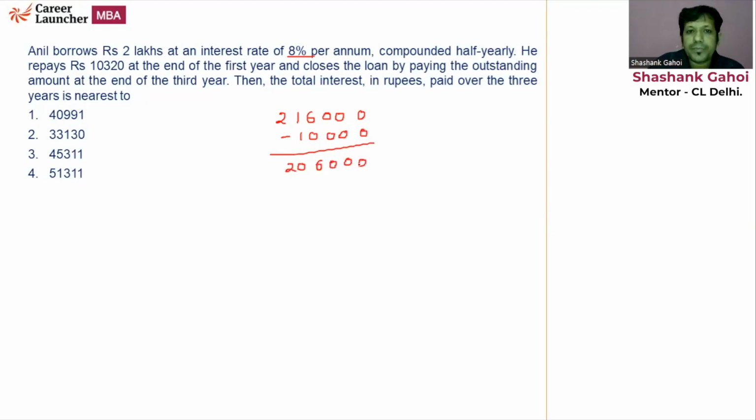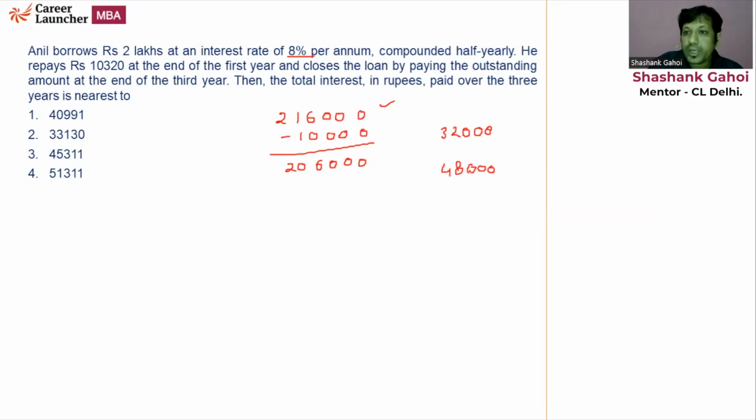Now for the next 2 years, again I am taking 8%, 8%, so 16 plus 16, 32,000 more interest. So the total interest paid is 16,000 in the first year, and in the next 2 years it is close to 32,000. So the total is going to be 48,000 if we take simple interest.